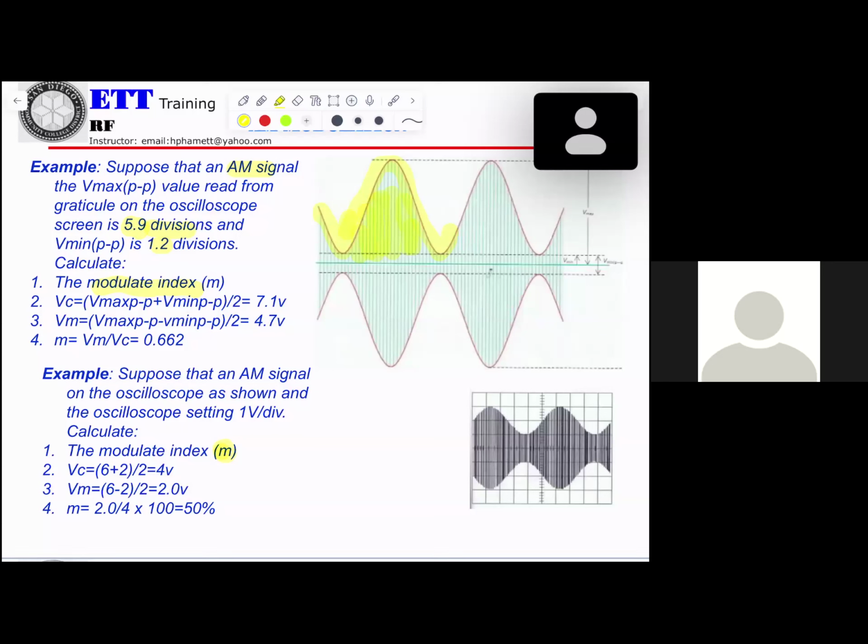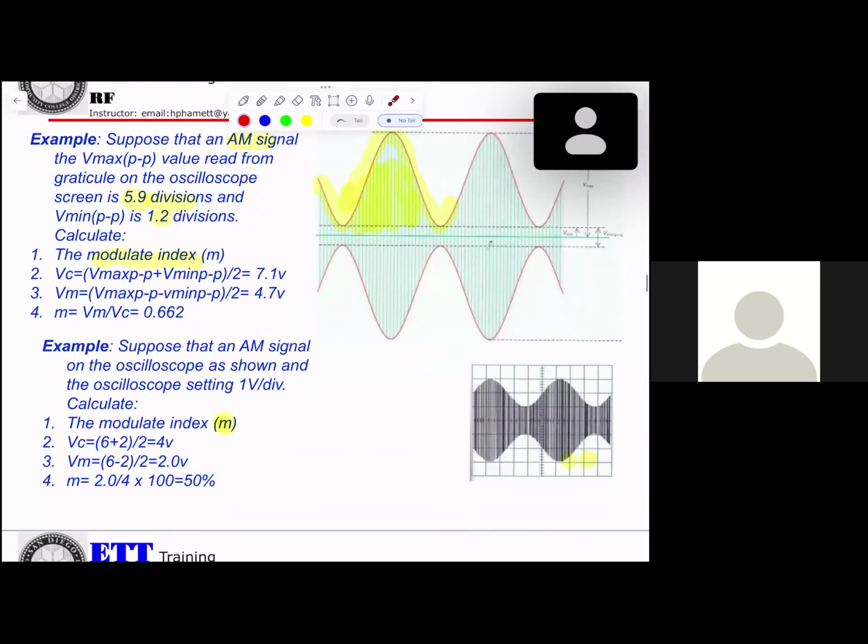And if you look in here, they tell you from peak to peak, 1, 2, 3, 4, 5, 6 divisions. Basically, Vcarrier is 6 plus 2 divided by 2, and so on. If you get the time, you can look into that.